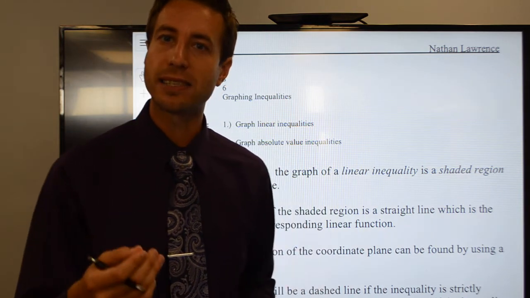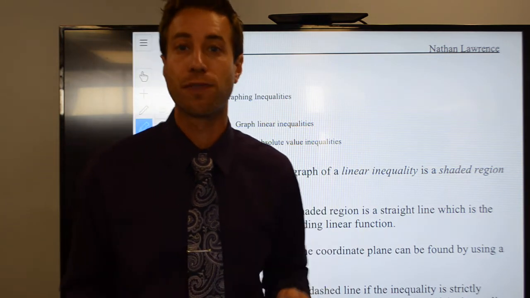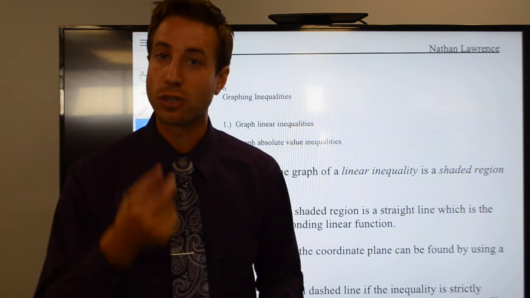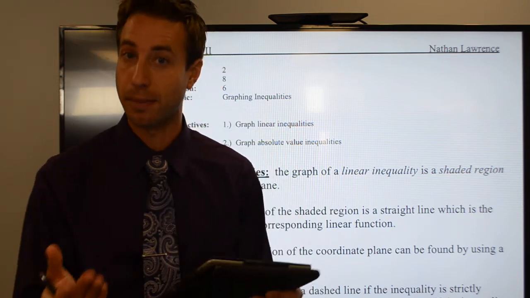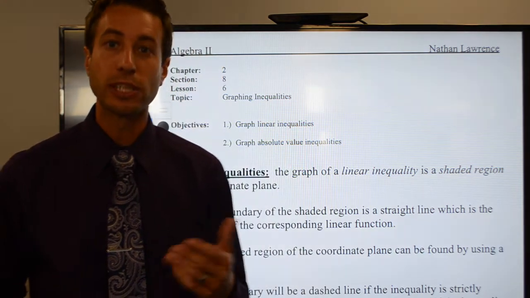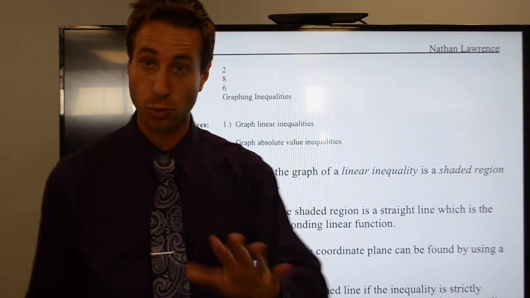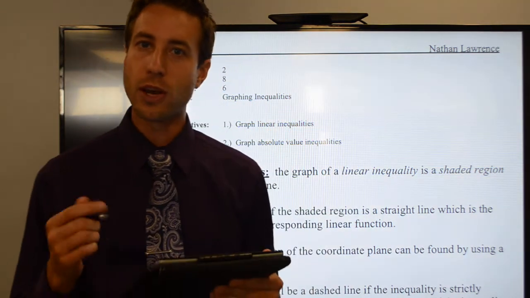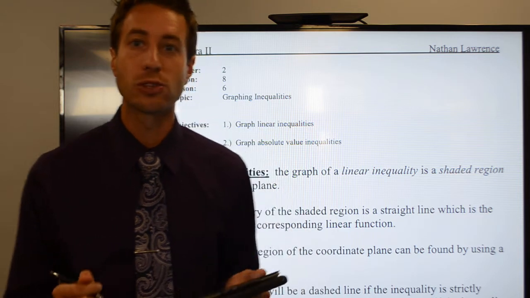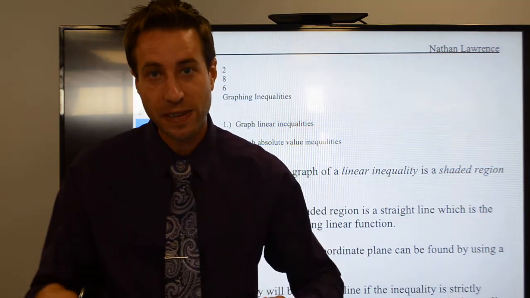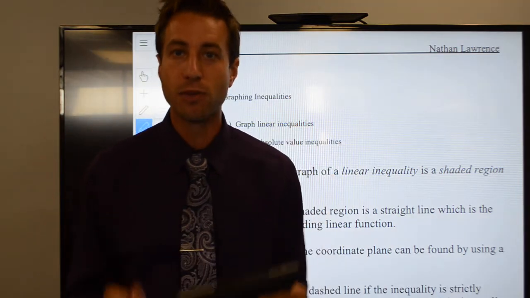What we did in section 6 was talk about some special functions. We talked about the greatest integer function. That is the graph that looks like a series of horizontal line segments, also known as the step function because it looks like a set of stairs. We talked about the absolute value function, which we're going to work with a little more in this section. The absolute value graph always looks like a V. That V could be opening up or opening down, and we could move it around.